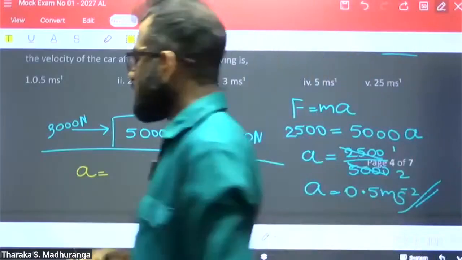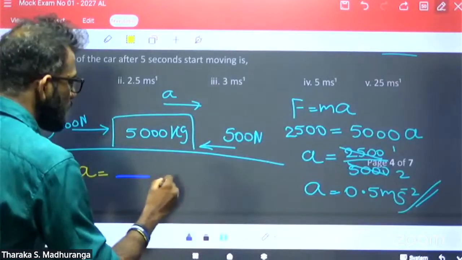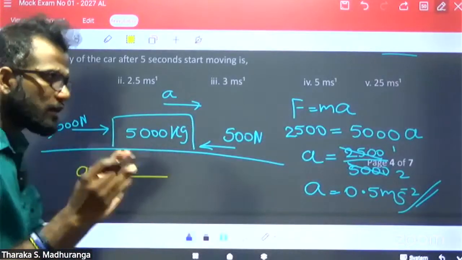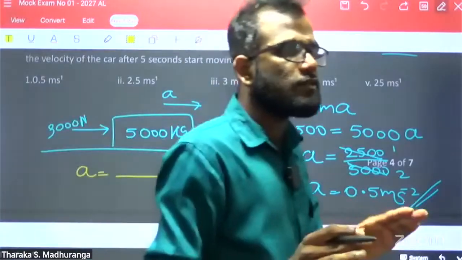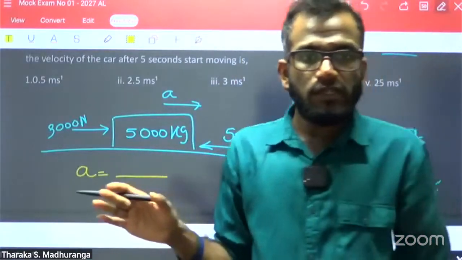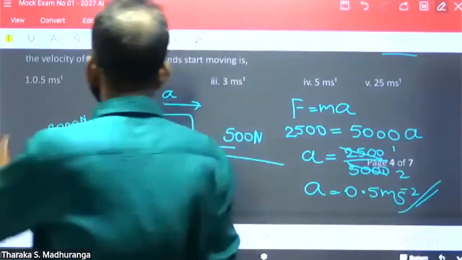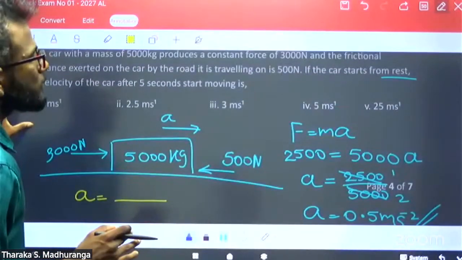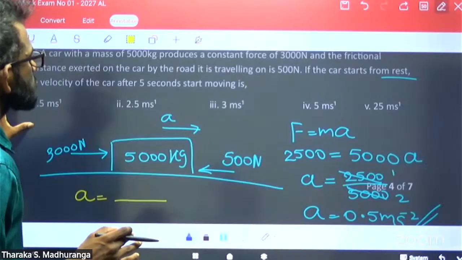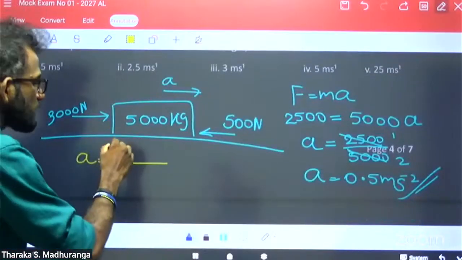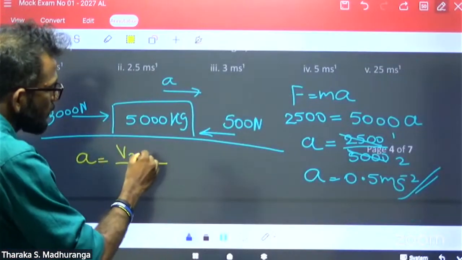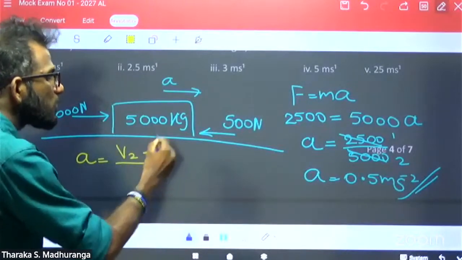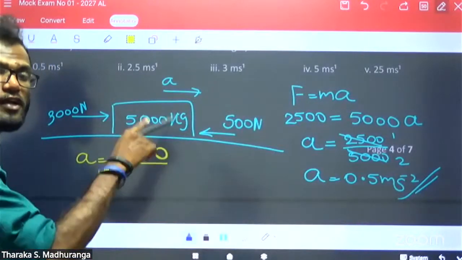Then we can calculate v2 minus v1, final velocity minus initial velocity. The final velocity is asked, v2, and v1 is 0. Why? Because it is starting from rest.